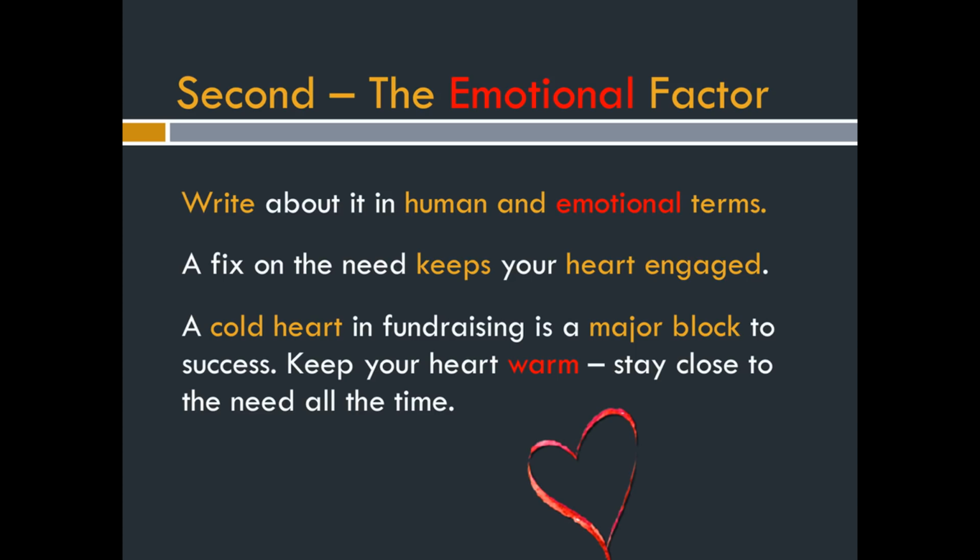Need, emotion, engaging the heart. We've always found a cold heart in fundraising is a major block to success. You've got to keep your own heart warm and stay close to the need all the time. So even as a major gift officer, we're always saying you need to be in that need and understand it and feel it and have your own emotion around that need, because if you're conveying that to a donor, they will see right through you if you don't have it yourself.